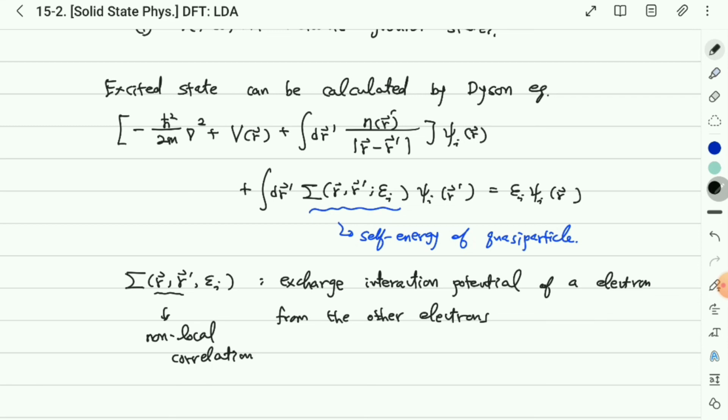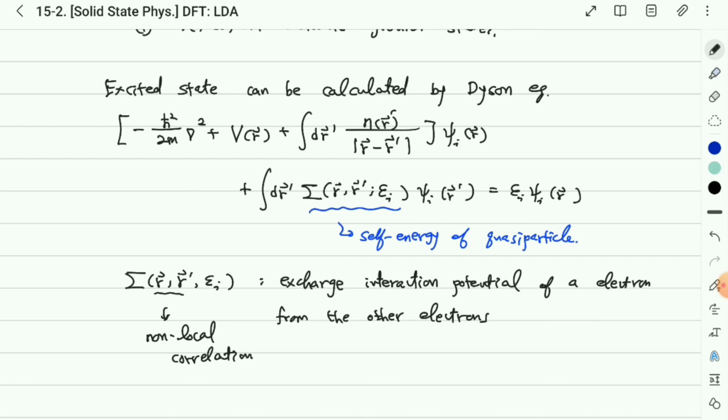And also this self-energy is related to the exchange potential, and it is a modified Schrödinger equation. Therefore, at finite temperature, the thermal excitation and different chemical potential can make a different exchange energy, and it is the excited state of the Dyson equation.